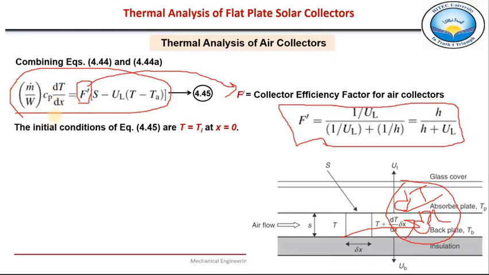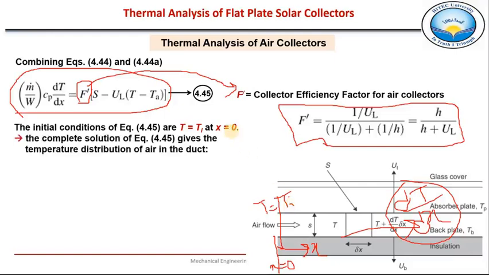So now we can solve this equation by utilizing the initial conditions. What are the initial conditions? At the inlet, the temperature is Ti or TFI, which is normally known to us at x equal to 0. At x equal to 0, the known condition is that temperature is equal to Ti, the inlet fluid temperature.